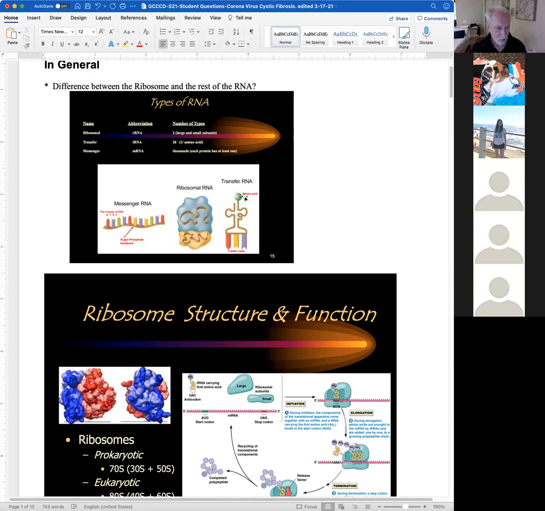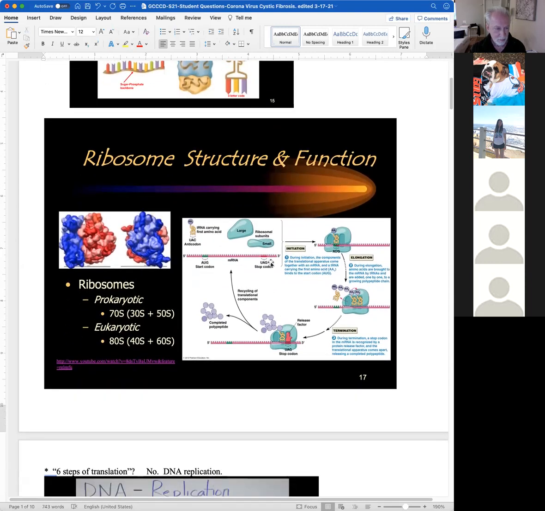There are 20 of these transfer RNAs, one corresponding to each of the 20 amino acids found in protein. So how does this work? What is the function of each of these RNA types? Well, if you go down to the next one and look in the upper left corner, you see the components of the machinery required for protein synthesis.